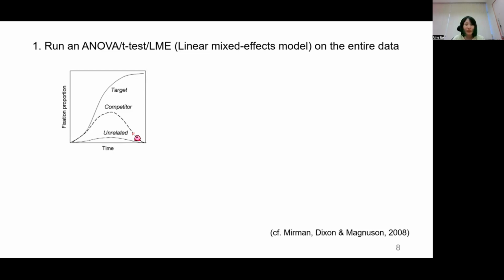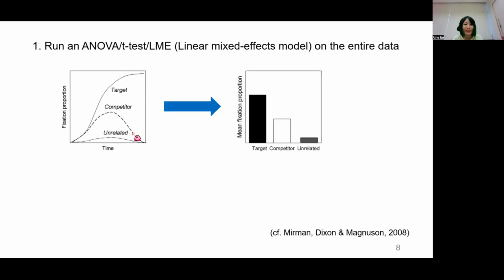So what we do is to average the fixation proportion across the time course and get data like this, right? This basically takes all the values from here to here, and then we have the average plotted for each condition, right?